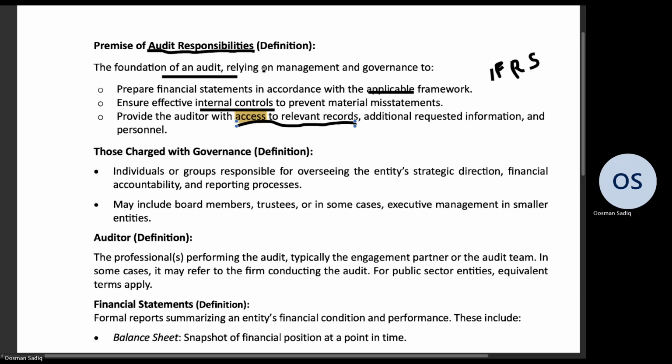Now, if you look over here, you have to rely on the management and governance. Governance are the directors. What do you mean by relying on them?